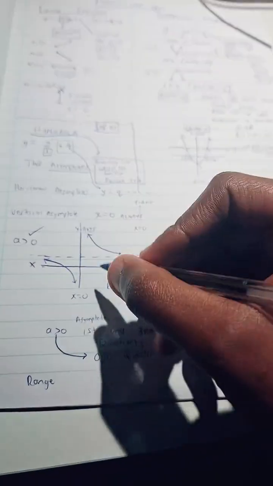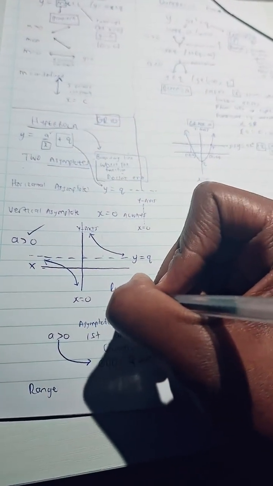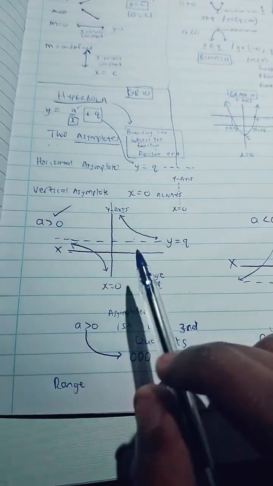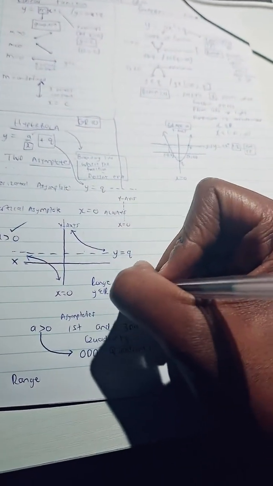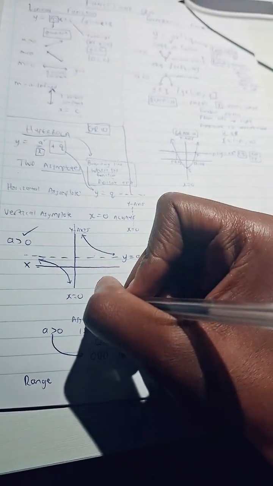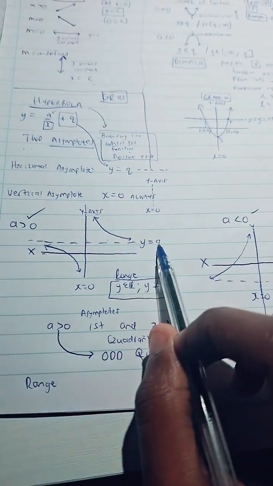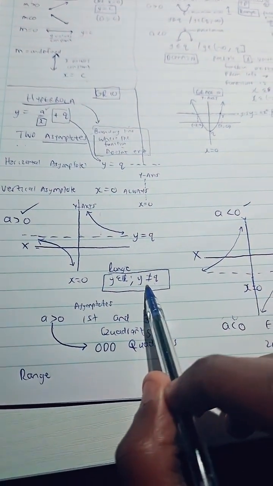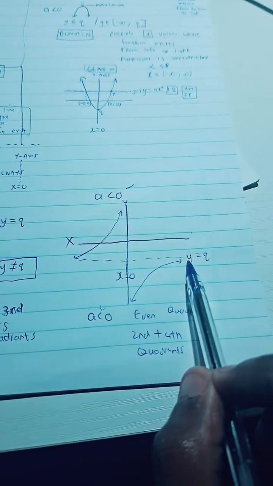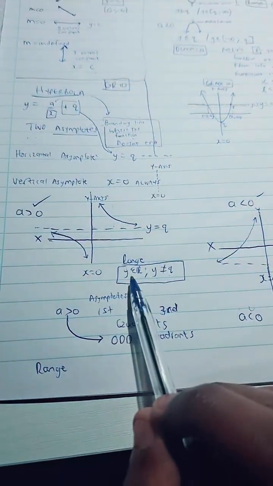because this is the asymptote. So when we write the range, we say y is an element of real numbers to show that the function exists everywhere. But then we write a condition: y cannot be q. So whatever that q value is, we say y cannot be that. If we know this is 2, we say y cannot be 2. If we know this is negative 2, we say y cannot be negative 2.